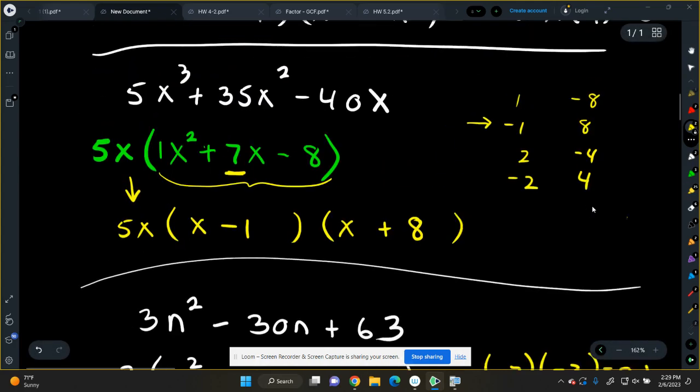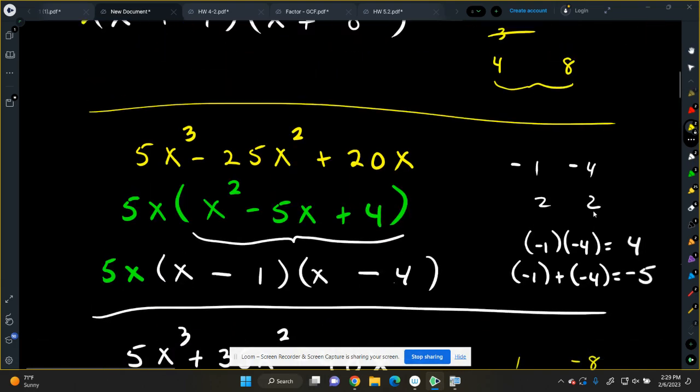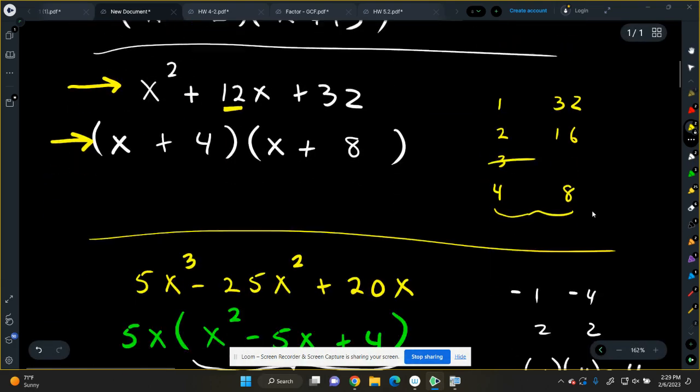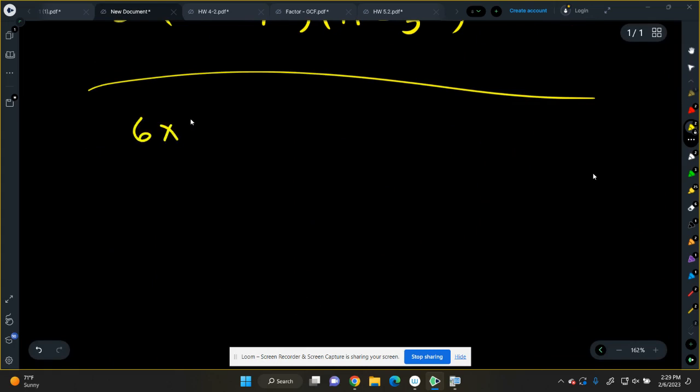All right, which ones have I done so far? Yeah. Okay, here we go. Ready? Let's see how fast you can do this one. 6x squared plus 30x plus 36.